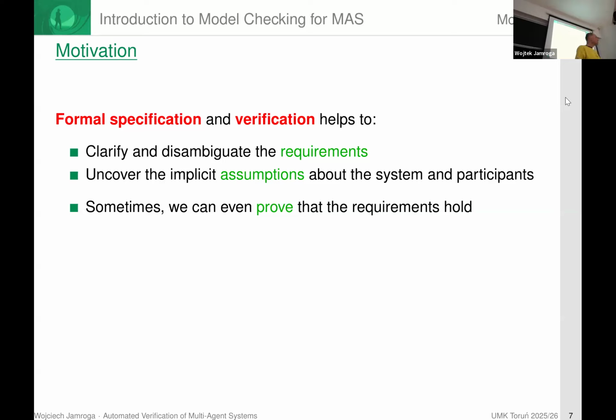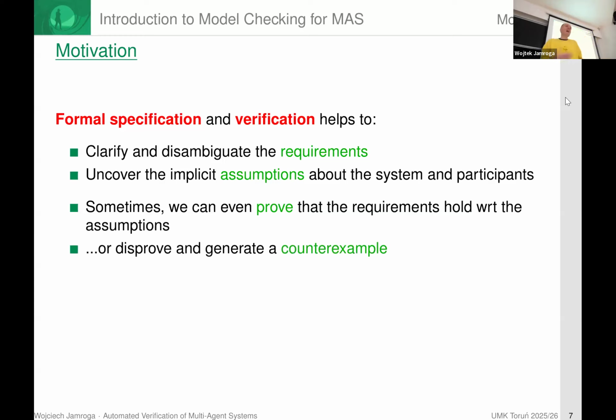We can try to use some nice techniques to prove that the requirements hold for the prototype or for the design, of course with respect to the implicit and explicit assumptions that we are making. And another possibility is, while doing the verification, we may actually discover that the requirements are not satisfied for the design that we are thinking of.